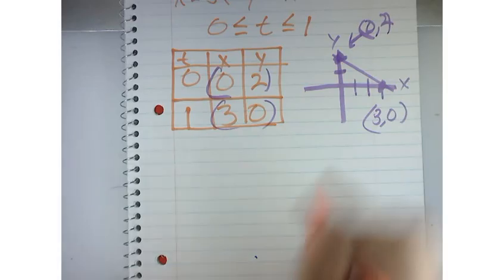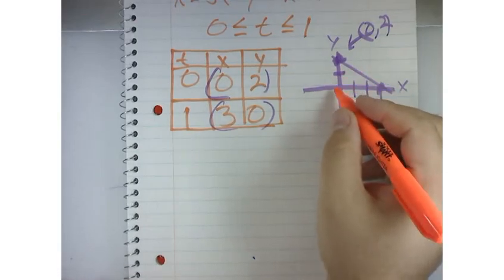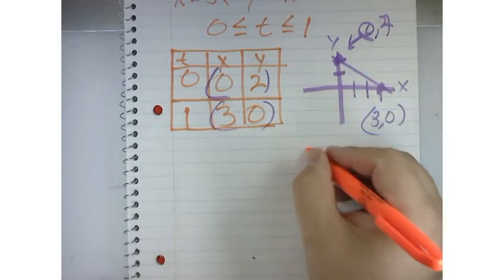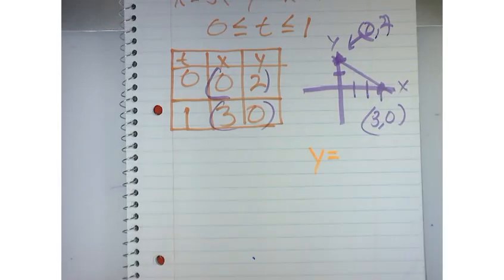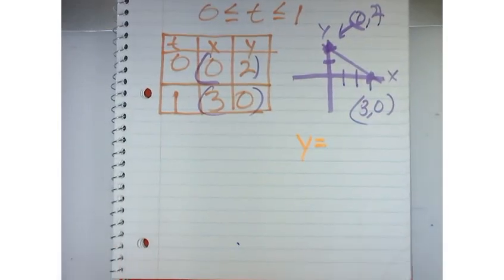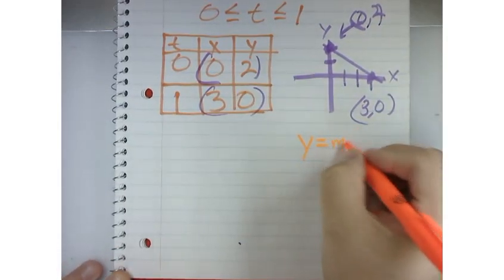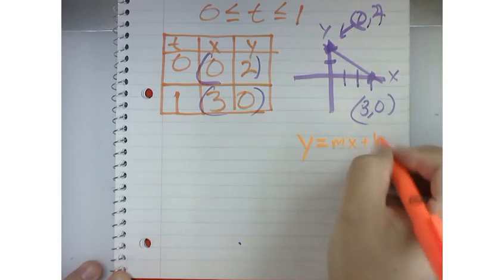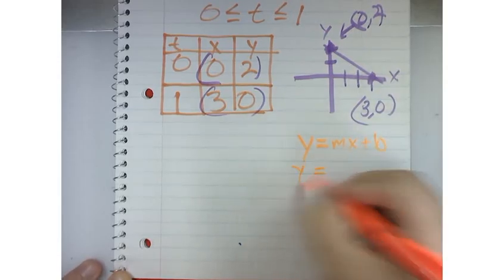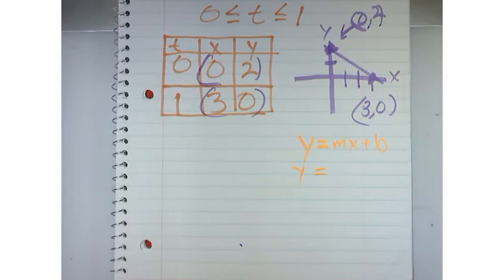So by looking at the graph, can you guys see that okay? So I want something like y equals mx plus b. Well, we know the slope, which is m, and we know the y-intercept just by looking at the graph.